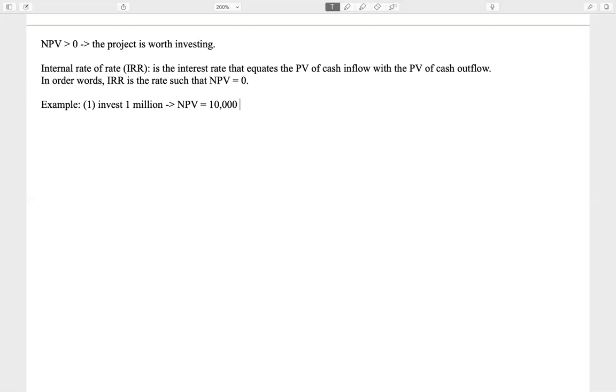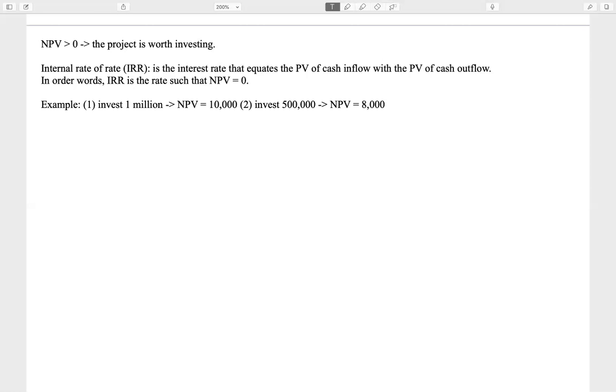Case 2: invest 500K, and that gives you an NPV equal to, let's say, $8,000. So both give positive NPV, meaning both are attractive. According to our previous conclusion, we should invest in both projects if you have $1.5 million.